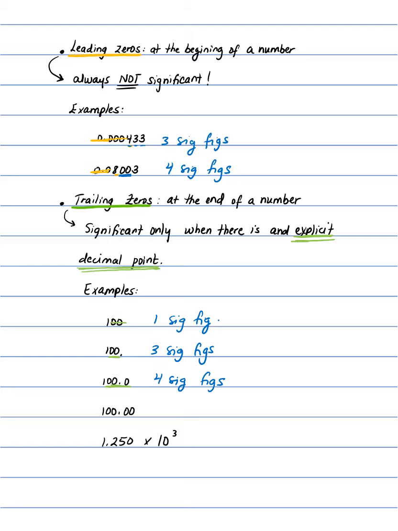The next one, still 100, but now you have two zeros after that explicit decimal point. So you have in total four trailing zeros, plus the 1, your first digit different from 0. That will give you a total of 5 significant figures.